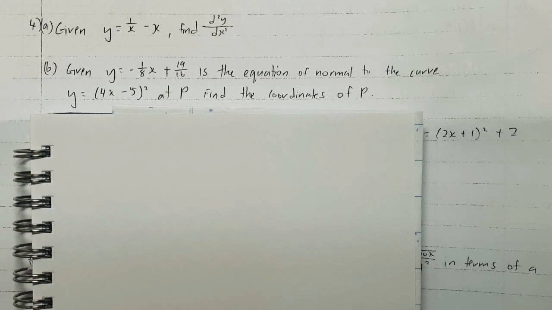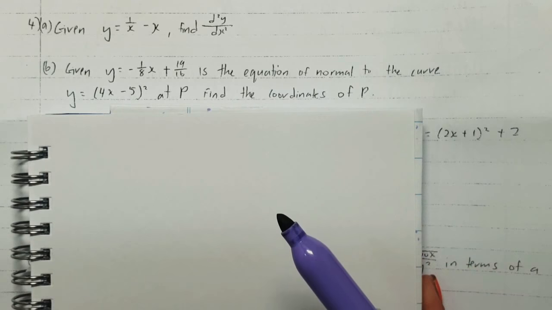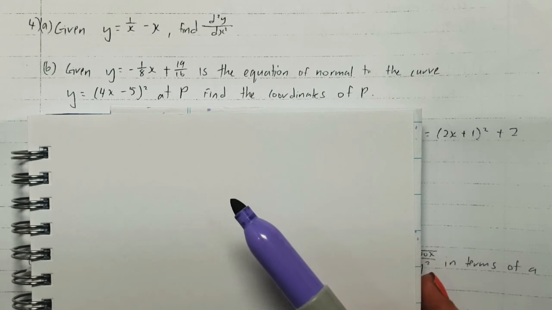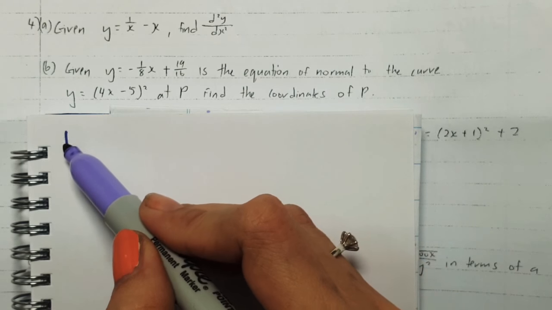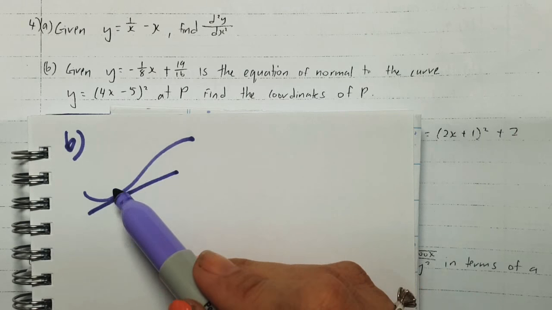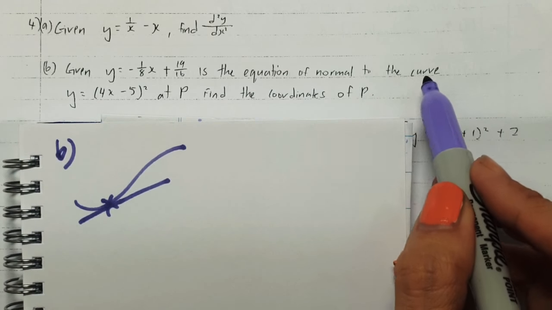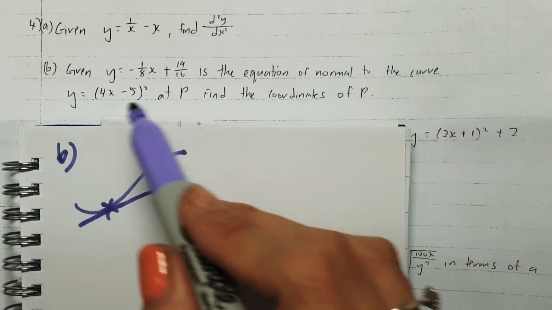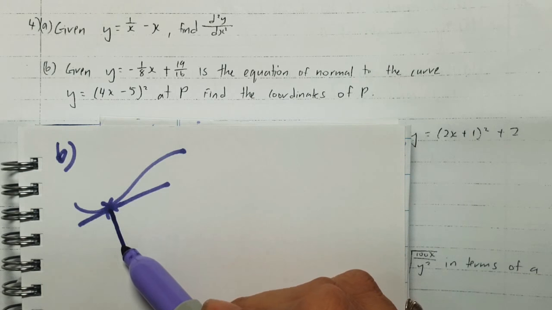Okay, so we have the equation of the normal. When you see the keyword normal to the curve, then we use this diagram to help us. The equation of the curve we know, and this equation is actually the equation of the normal. So let's draw the normal line first.